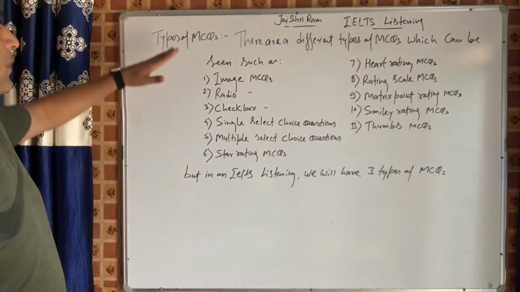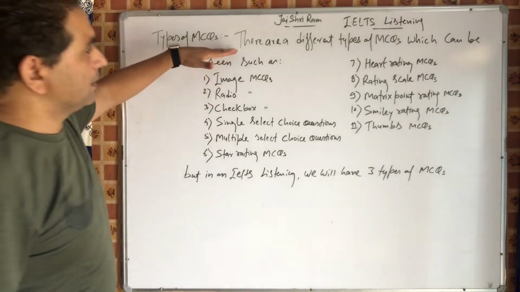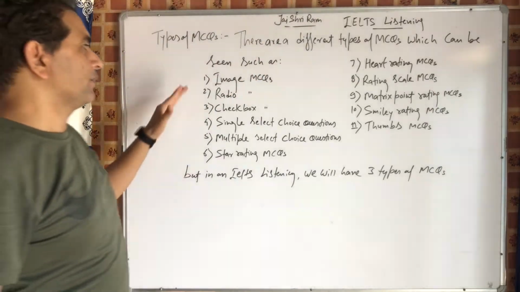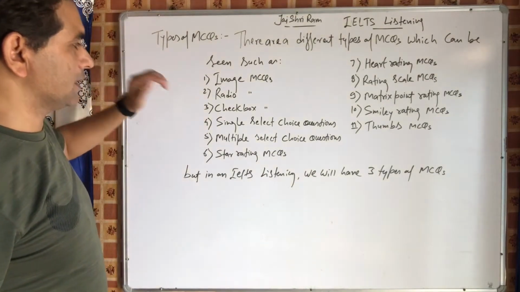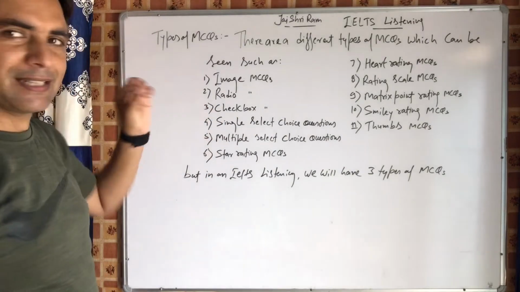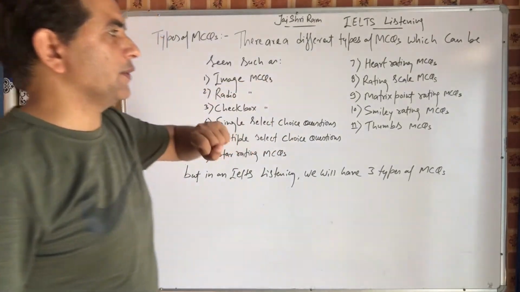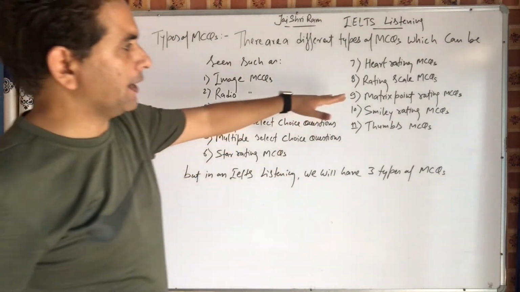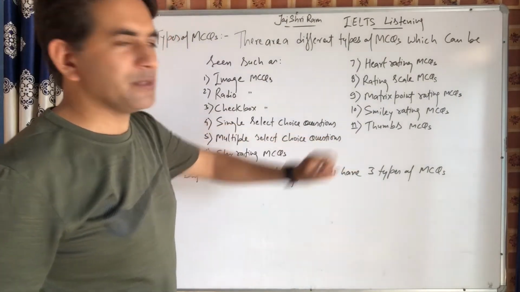Next point is types of MCQs. Here you can see there are different types of MCQs, such as image MCQs, radio MCQs, checkboxes, then single select choice questions, multiple select choice questions, star rating MCQs, heart rating MCQs, rating scale MCQs, matrix point rating MCQs, smiley rating MCQs and thumbs MCQs.